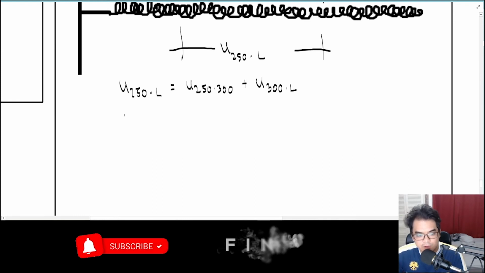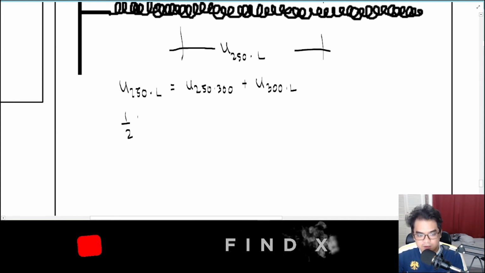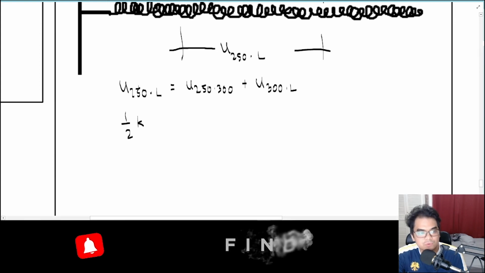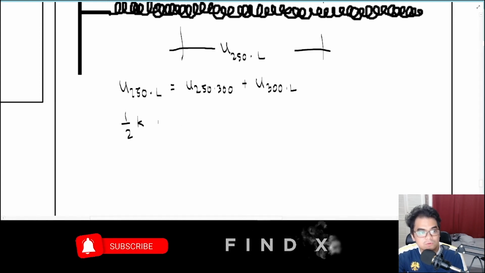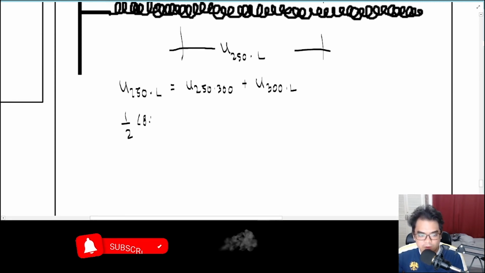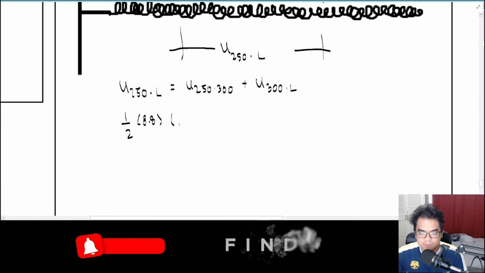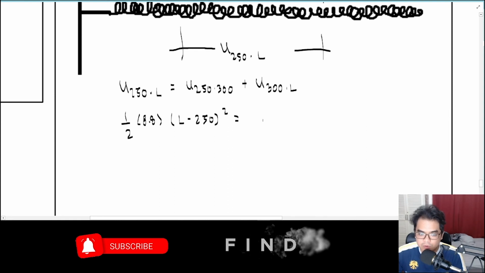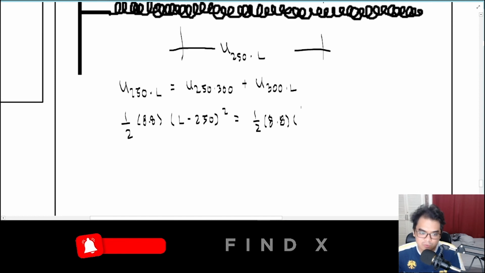Using the formula, 1/2 Kx squared, I can just put the values directly now. Your K is 8.8, times x, the displacement, which for the first one is 300 minus 250, squared.